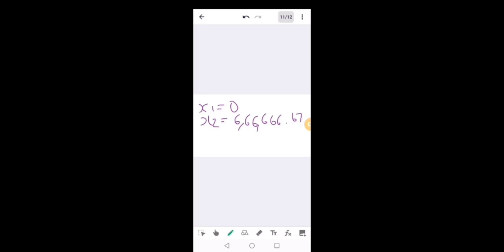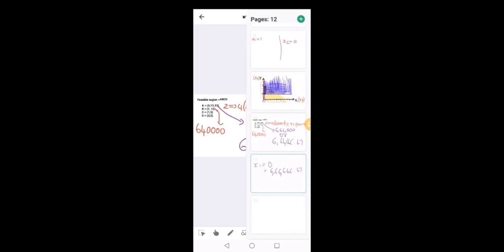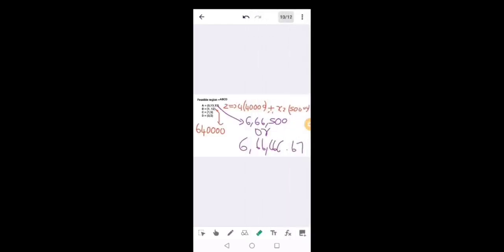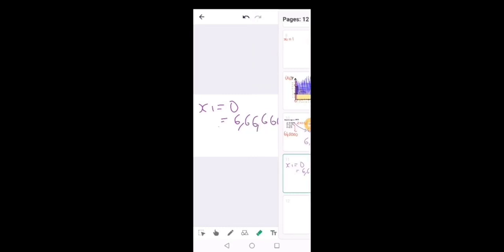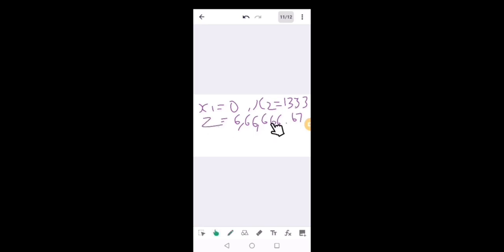Sorry, not x2, I mean your z. x2 will be equal to 13.33, and your final answer, your z, will be equal to 6,66,666.67, with x1 equal to 0 and x2 equal to 13.33.